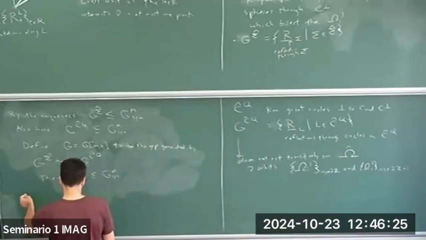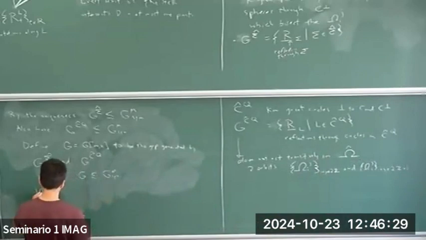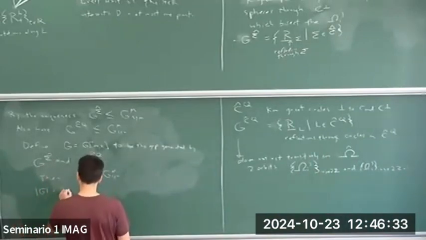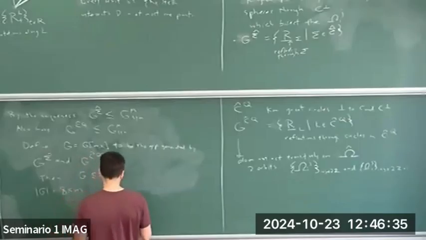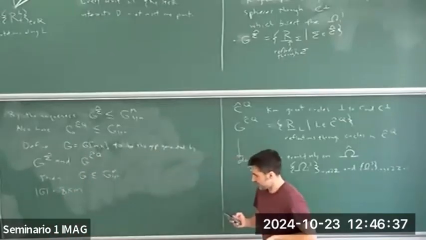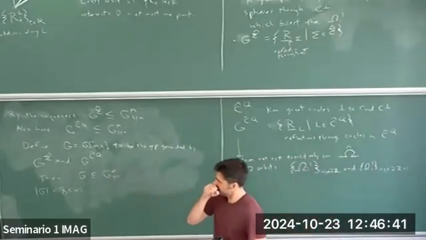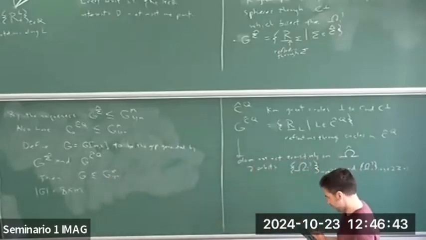The order of G is going to be 8km, right? We have this explicit description of it. You can compute the order.